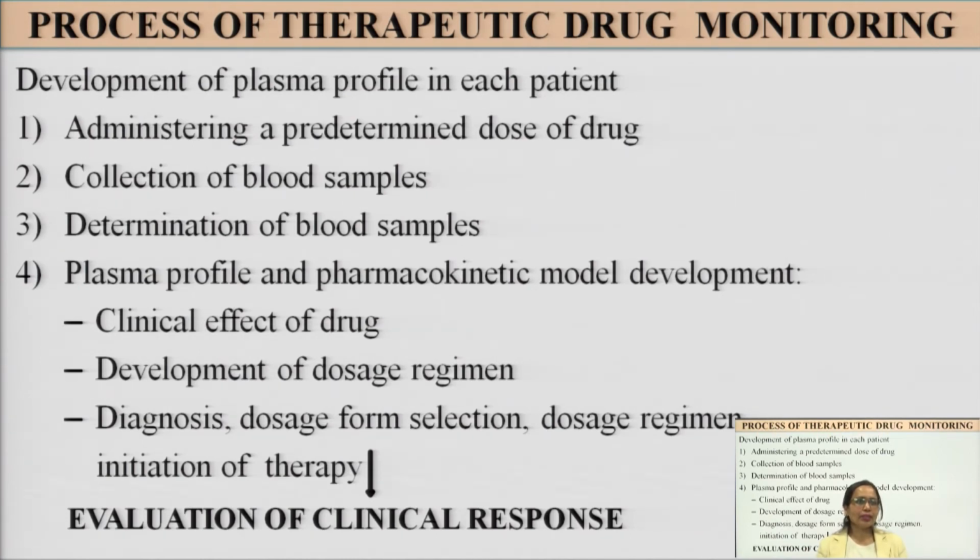The development of a plasma profile in each patient is one thing, and administering a predetermined dose of the drug is required. Then the next step is collection of the blood sample, in which we check the drug concentration. Next is analyzing the blood sample to determine the drug. Then comes the plasma profile and pharmacokinetic model development.